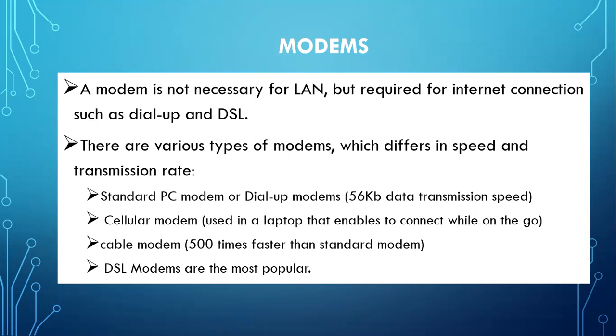Then there is the cellular modem that is used in a laptop, which enables connectivity while on the go. The third one is the cable modem, which is 500 times faster than the standard modem. And the last one is the DSL modem, which is the most popular, meaning it is mostly used within various computers.